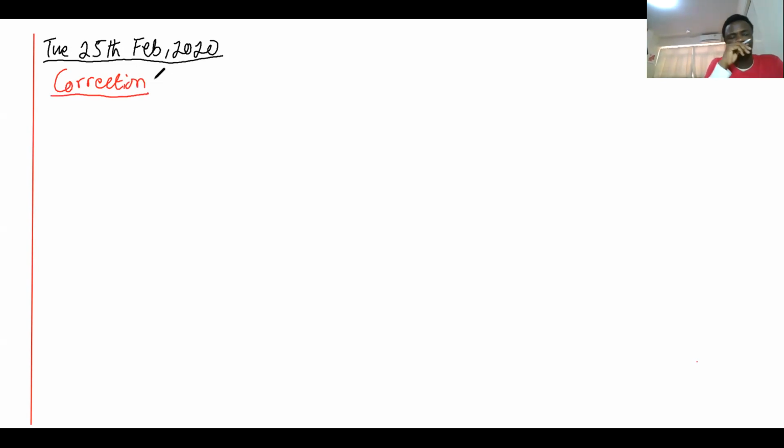There's some corrections, okay? So the first thing I would like to correct is this definition of well-defined function. So let's put it this way.